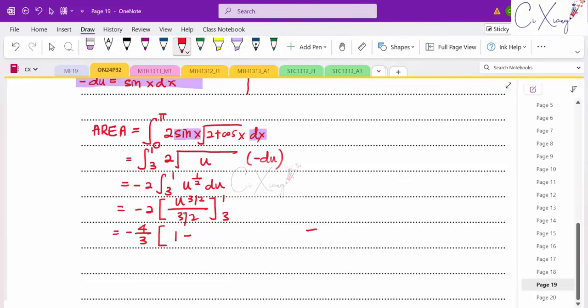I mean square root 3, then cubed, right? That means you have 3 square root 3. Then the square root 3 and square root 3 become 3, so you have 3 root 3 here. After that, simplify everything. So by right, you should have 4 root 3 minus 4 over 3.